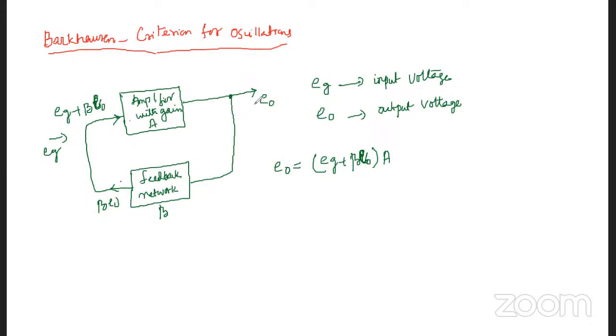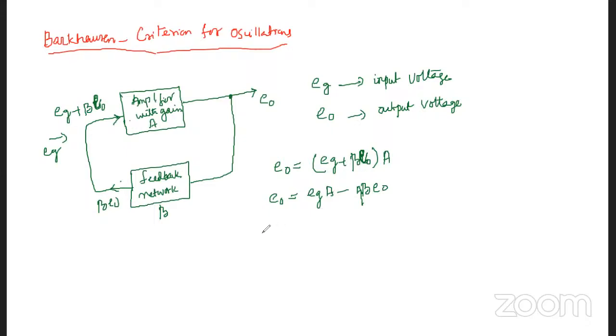Therefore the output voltage we can expect is E naught equals EG plus beta E naught, into A. Now to get the EG value, we multiply: E naught equals EG A plus A beta E naught.